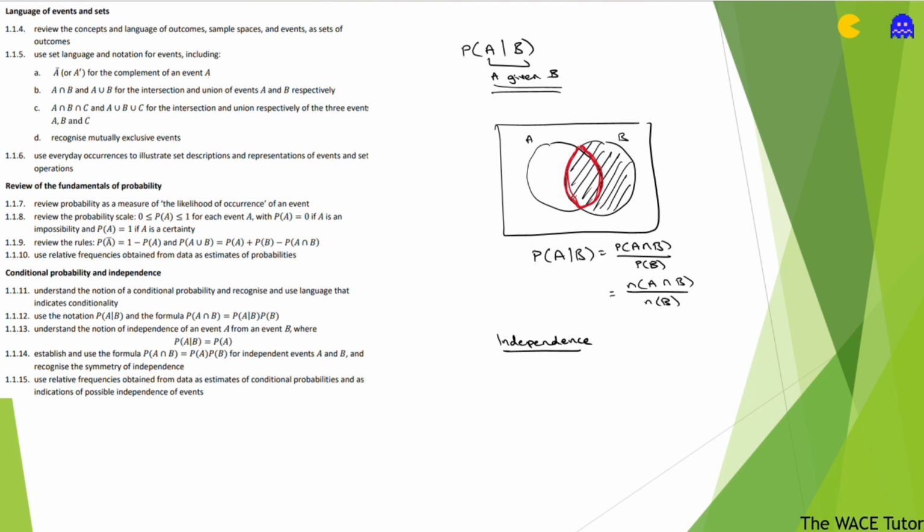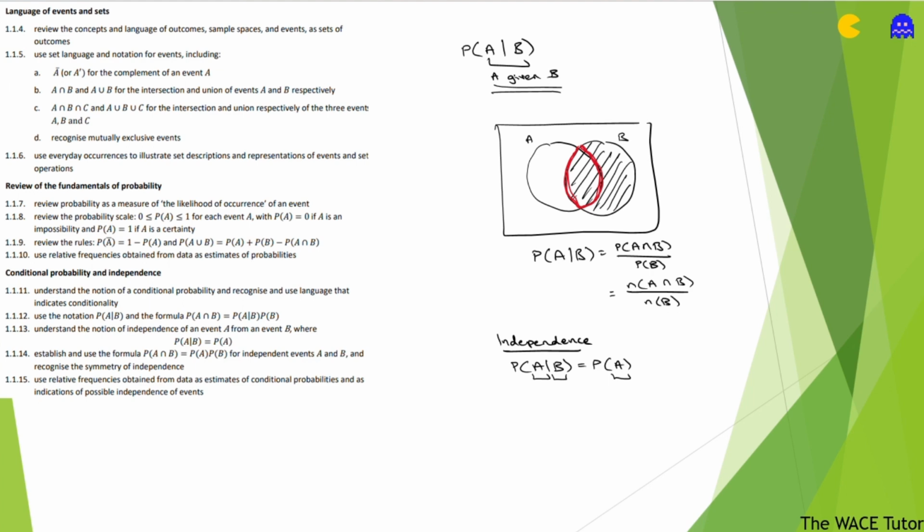These two are considered independent events. Mathematically, we can write that as probability of A given B equal to the probability of A. That is, the probability of an event A occurring given that an event B has occurred is the same as the probability of the event A occurring by itself. This indicates that A and B are independent events.